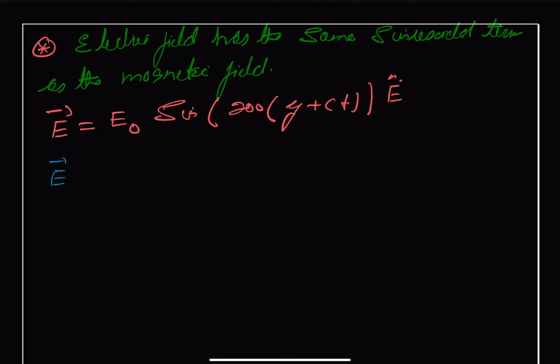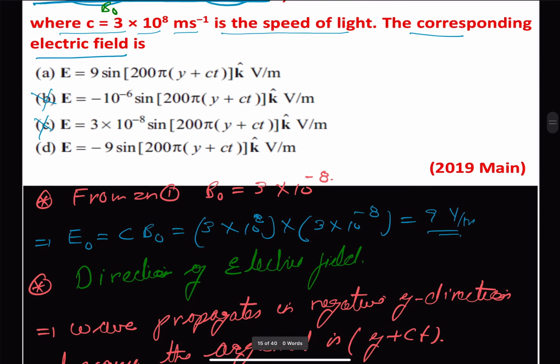So the electric field is equal to magnitude 9, and the direction gives us minus k, so we put a minus here. This will be sine of 200 y plus ct, times the k unit vector. So this is our electric field.